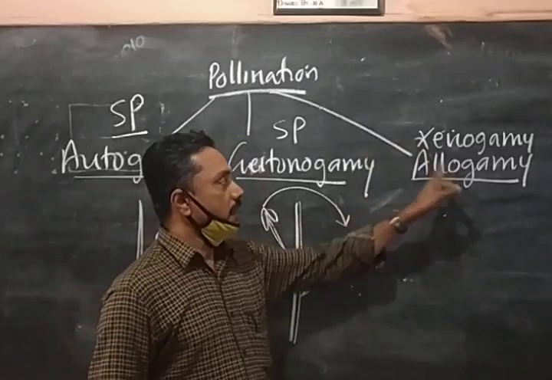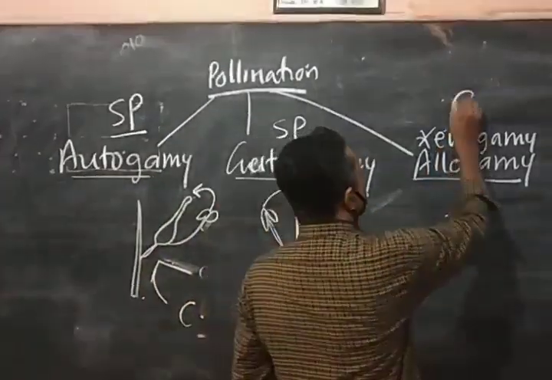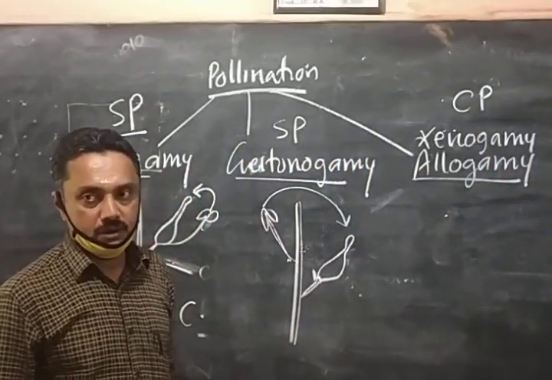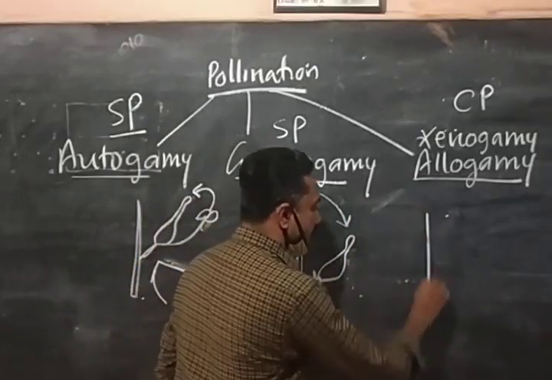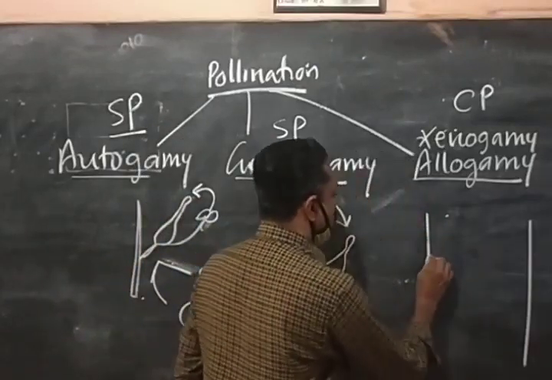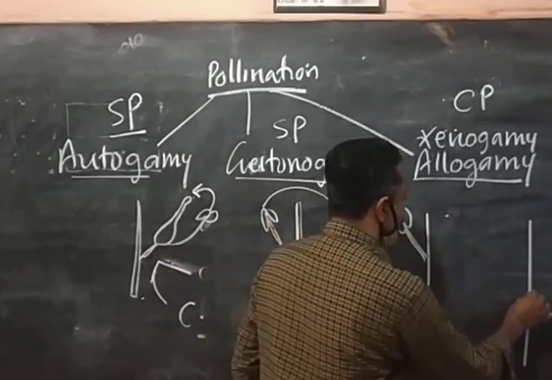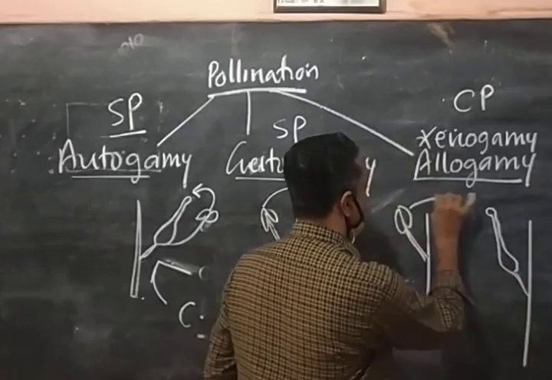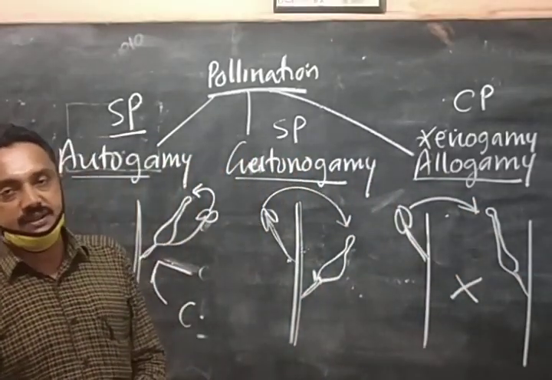Then comes the third one, xenogamy or allogamy, which can be called cross-pollination. It is pollination occurring between two plants of the same species, that is a must.